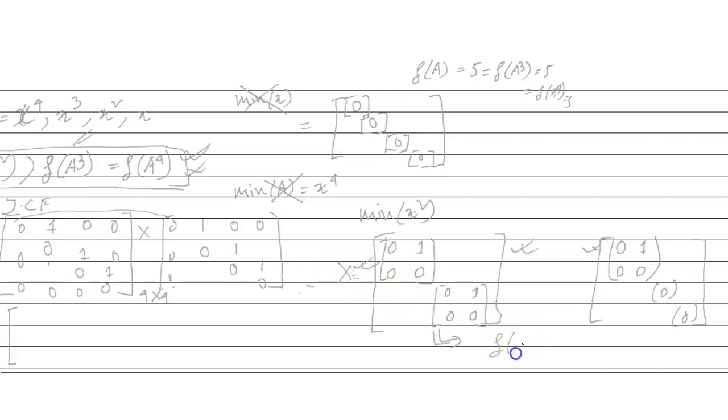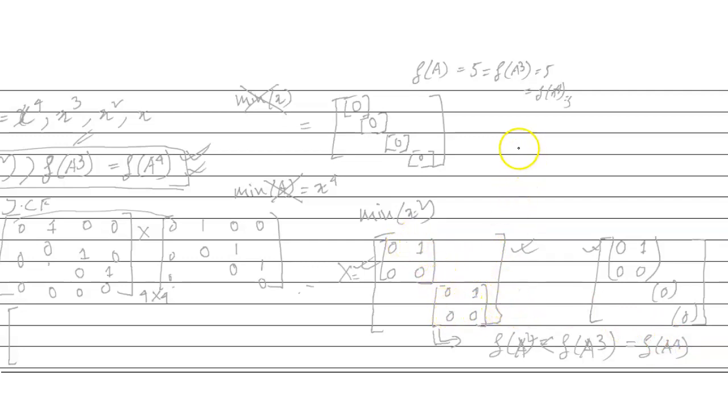So rank of x is equal to rank of x square, rank of A cube, x cube, means this possibility holds, and equals rank of A to the power 4. So friends, my Jordan blocks are 1 2.